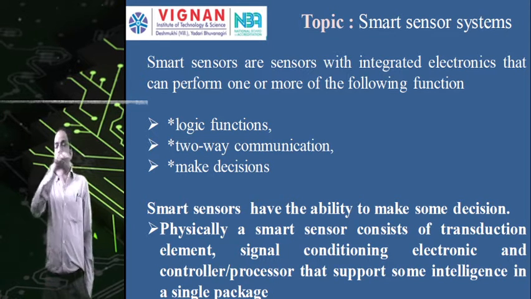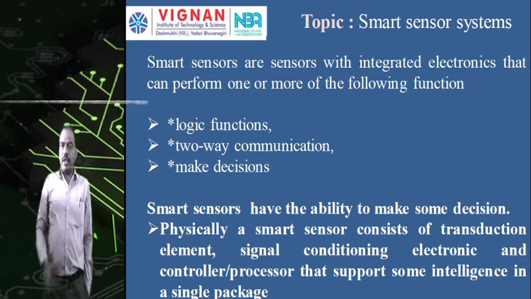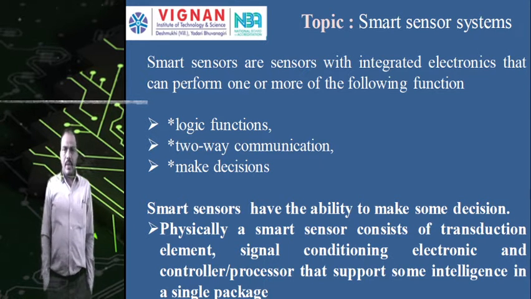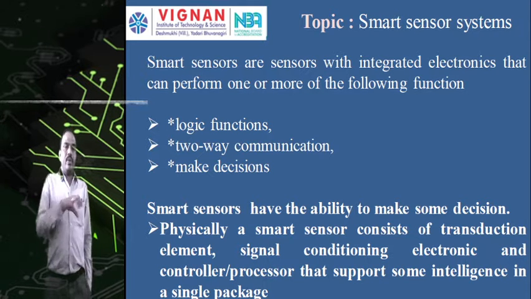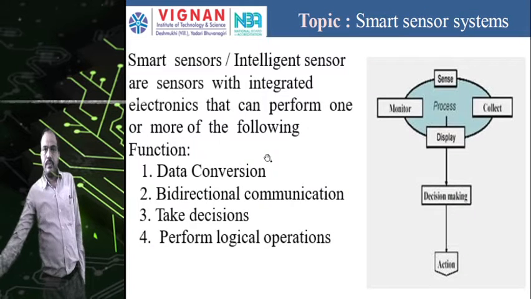Physically, a smart sensor consists of a transduction element, which is nothing but the transducer, signal conditioning electronics, and also a controller or processor that supports some intelligence, all in a single package. If you observe this, the information sensed by the sensor will be collected and displayed, and if you want, we can monitor the data, make decisions, and take action.